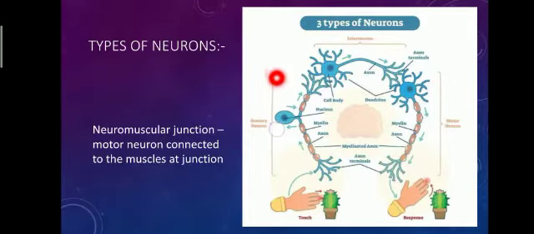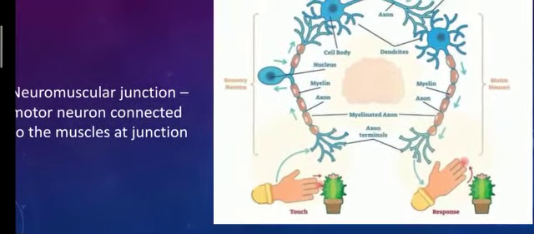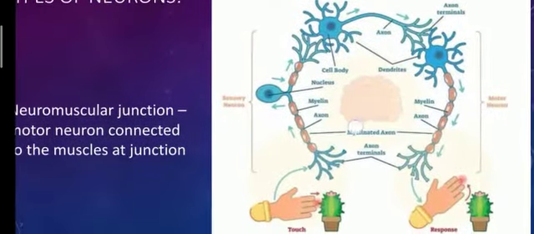Now there are three types of neuron. Let us see what are the three types of neuron. Suppose you touched a cactus plant. Your hands received the stimuli, and then the impulse was sent to the brain and spinal cord.